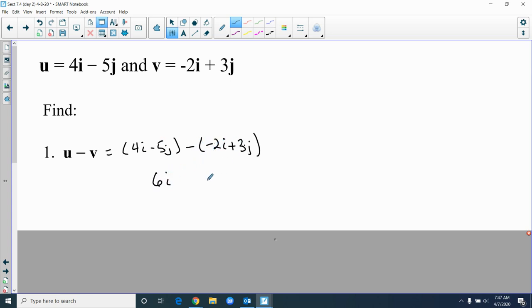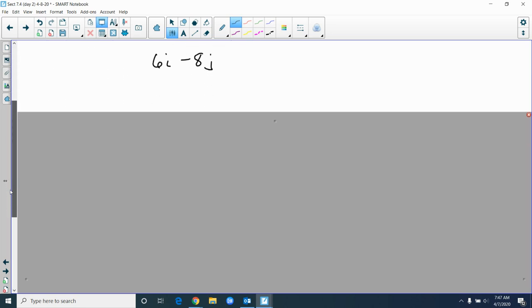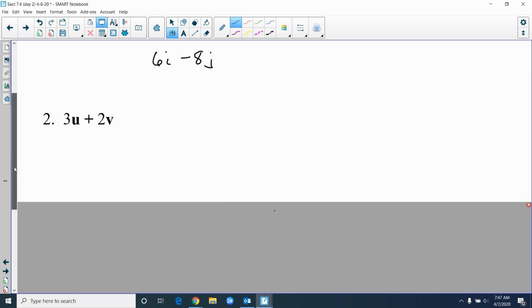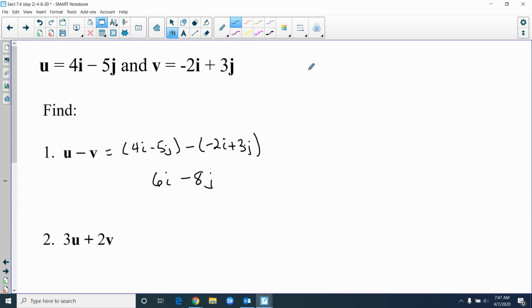Negative 5 minus 3 is negative 8j. Same thing, it's basically adding and subtracting binomials. Understand that u would be the same as the position vector ⟨4, -5⟩, and v would be the same as the position vector ⟨-2, 3⟩.